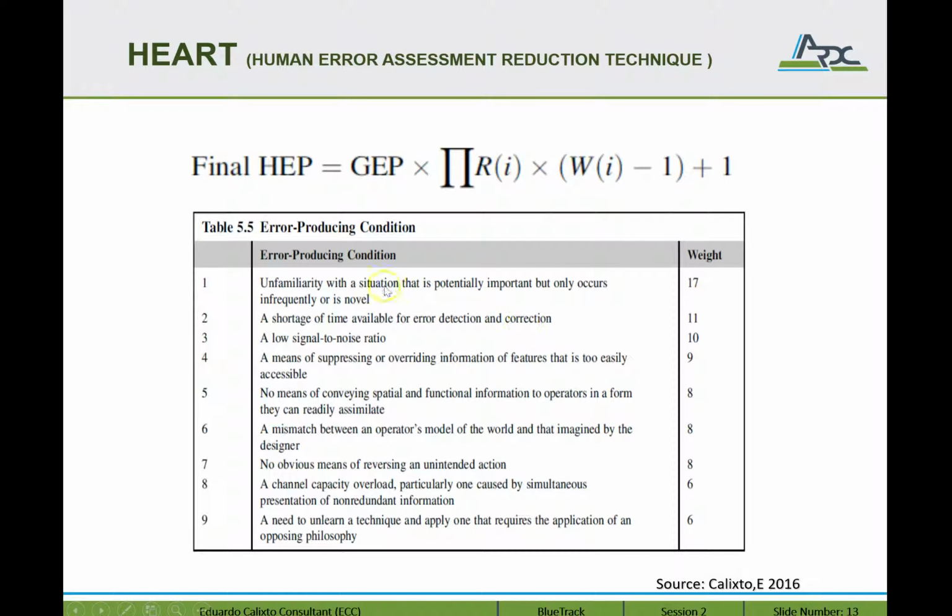The second step is to look at the error producing condition, which we can understand as a human performance factor. For each one of the tasks, we can have one or more human performance factors or error producing conditions. Based on this description here, we look at what is similar to our analysis, and we get these weights here to use in this calculation.